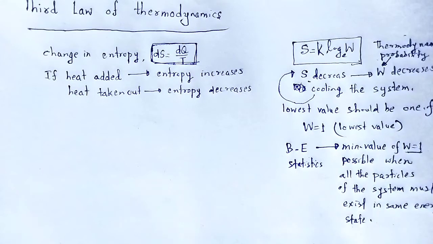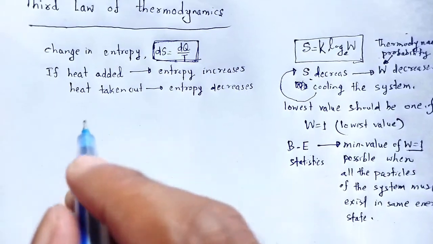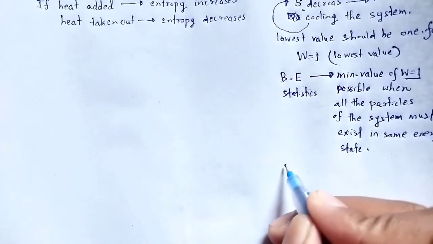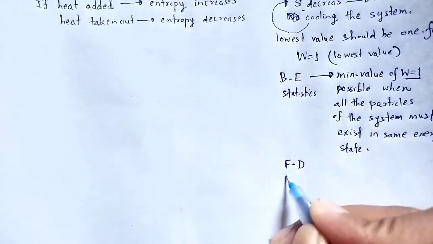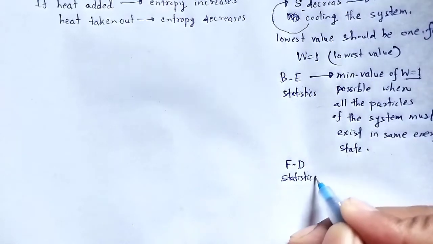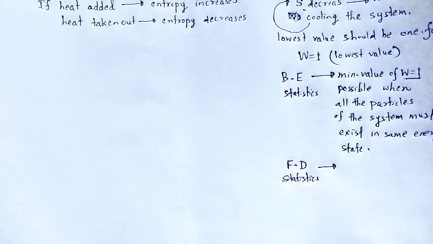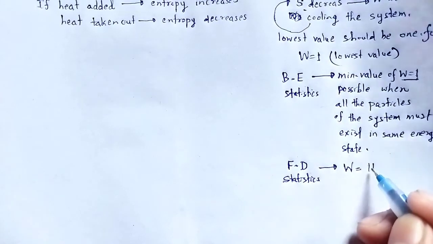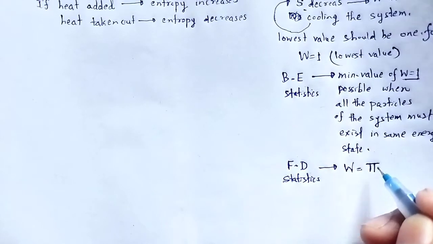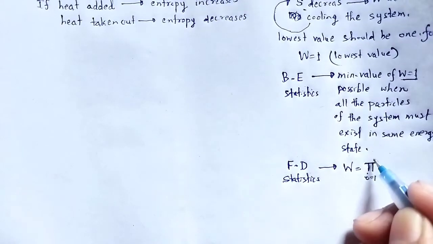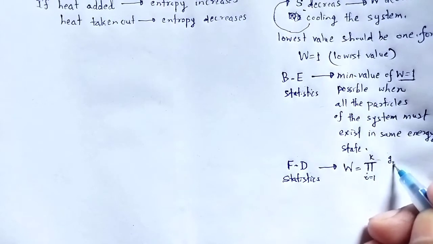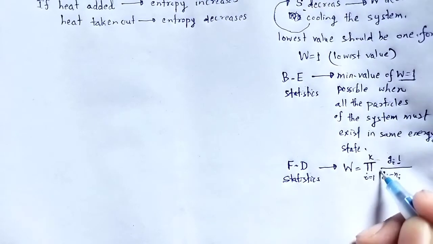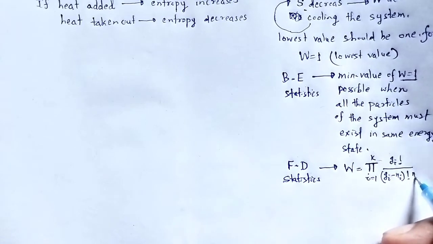Again, in case of FD statistics, that is Fermi-Dirac statistics, the thermodynamic probability will be the product, pi symbol, from i equals 1 to k of gi factorial divided by (gi minus ni) factorial times ni factorial.